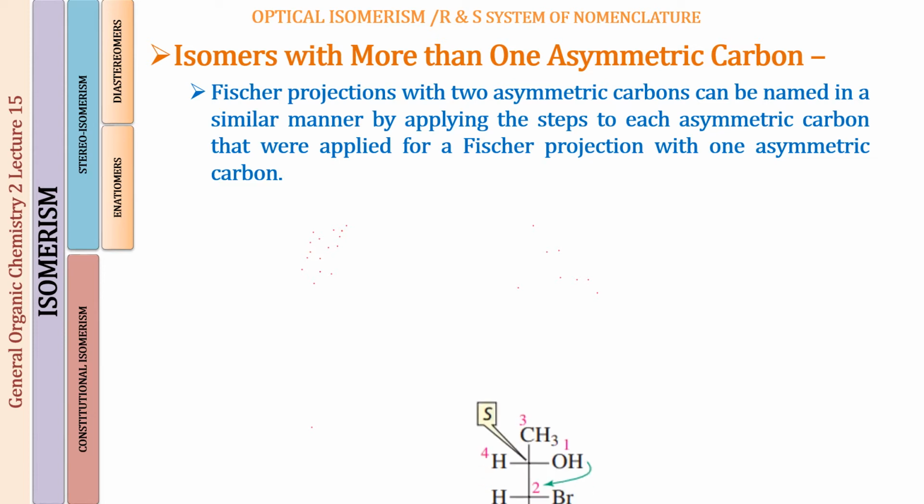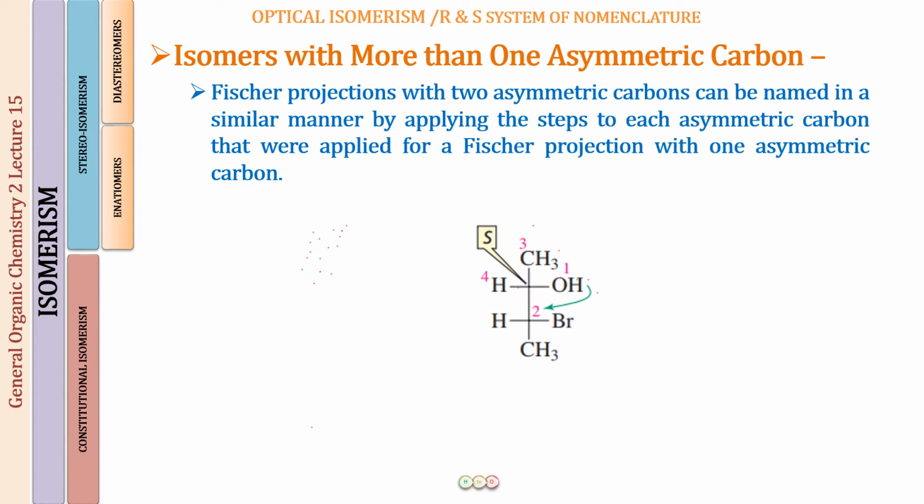So if we have the same compound, that is 3-bromo 2-butanol, now in the Fisher projection. So this is going to be carbon number 1, the top of the vertical line. So CH3, carbon number 1, carbon number 2, carbon number 3, and carbon number 4, OH at position number 2 and bromine at position number 3.